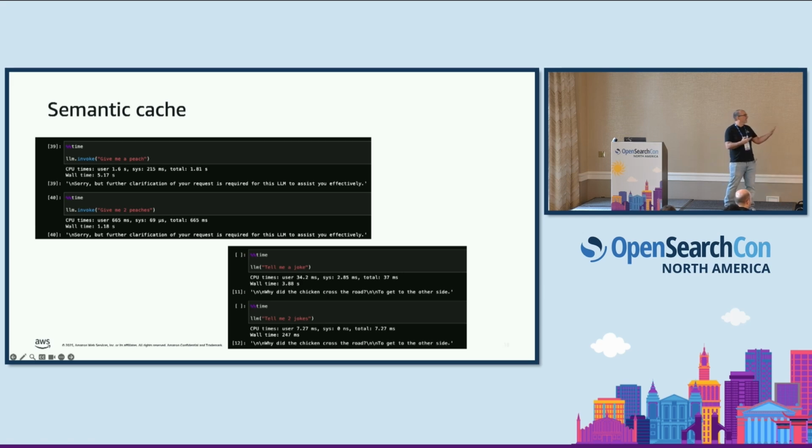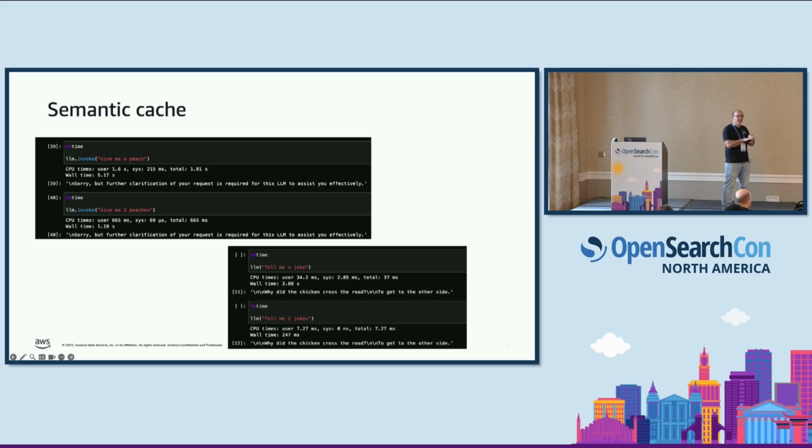And then when I'm asking it, give me 2 peaches, since it's semantically very similar, I get a cache hit. And then, again, the response was instead of the original 5 seconds, I get it within 1 second. However, in the same setting that I have here, if I'm asking the LLM, tell me a joke, and it does tell me a joke, but then I'm asking it to tell me 2 jokes, it's still semantically very similar.